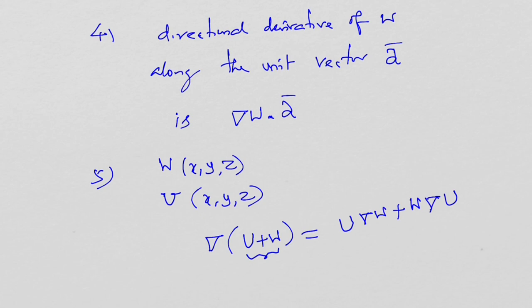Similarly, if you consider scalar functions w of x, y, z and u of x, y, z, then del of u plus w gives me del u plus del w.